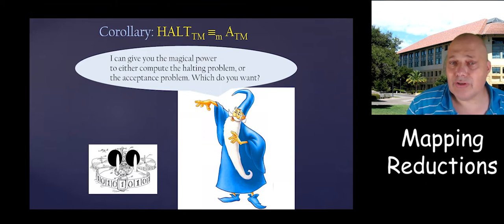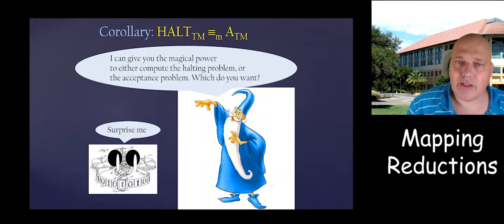Which do you want? Then the Turing machine has no reason to prefer one over the other, because you can reduce one to the other. They're equivalent to each other.